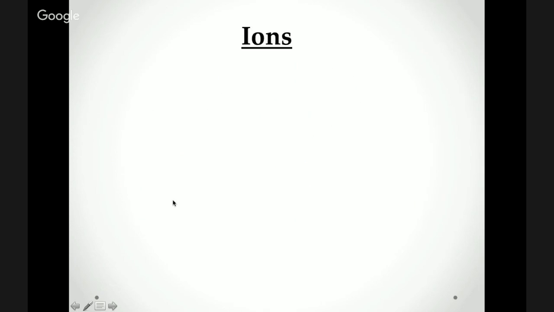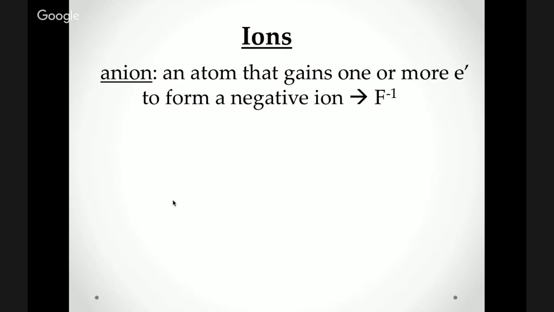So let's get to ions. Because we talked about atoms, we should understand that ions are the result of a gain or loss of electrons from an atom. So if it's an anion, we talk about an atom that has gained 1 or more electrons to form a negative ion. Therefore, we know that the electron number has increased.